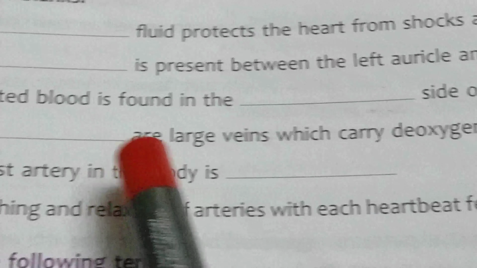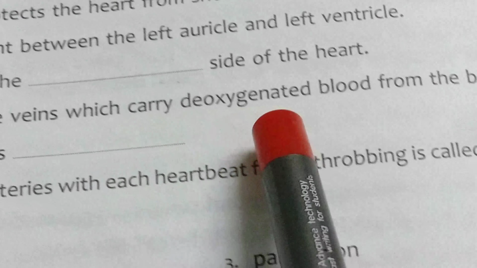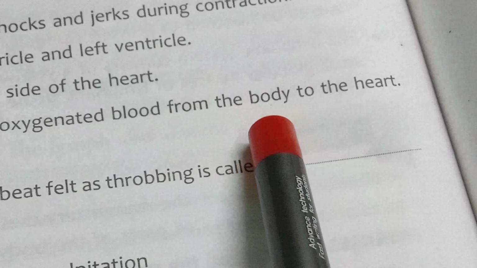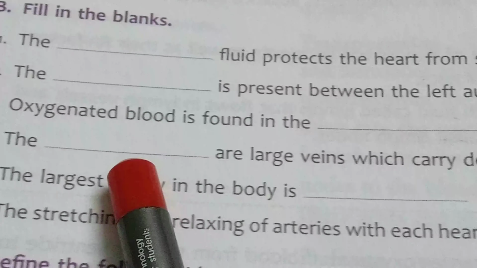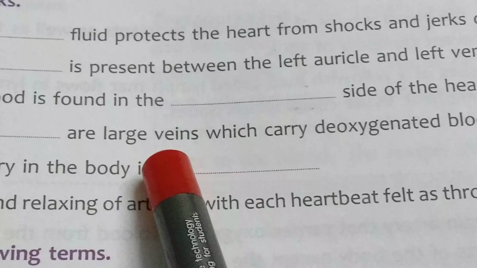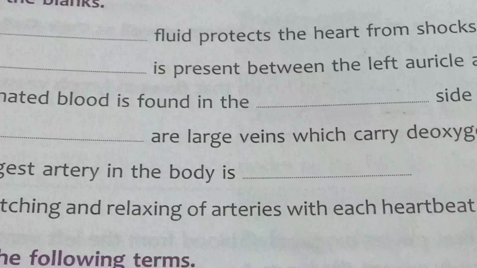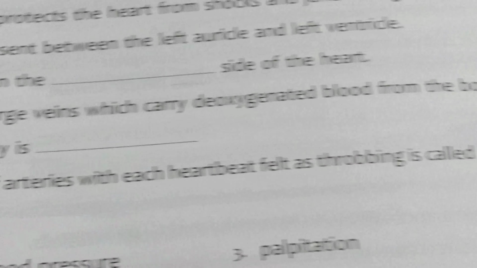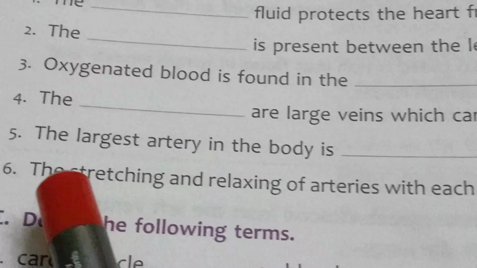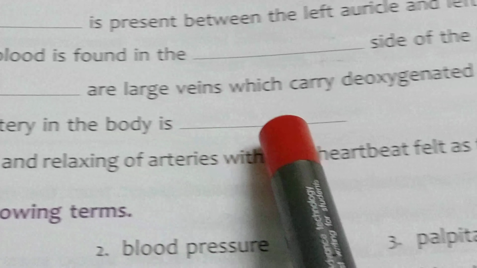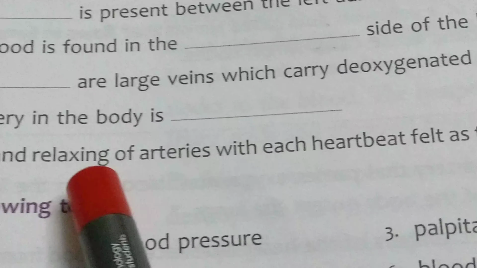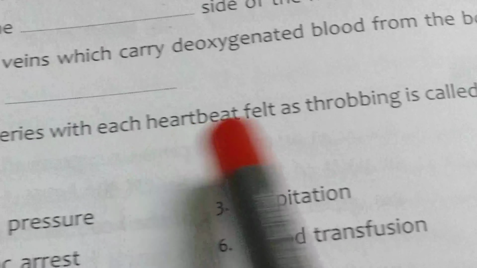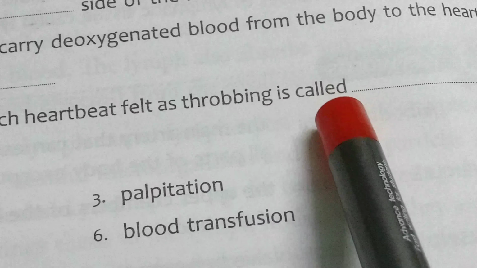The dash are large veins which carry deoxygenated blood from the body to the heart. The dash are large veins, pulmonary arteries. The largest artery in the body is aorta. The stretching and relaxing of arteries with each heartbeat felt as throbbing is called pulse.